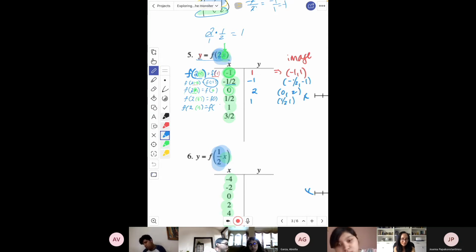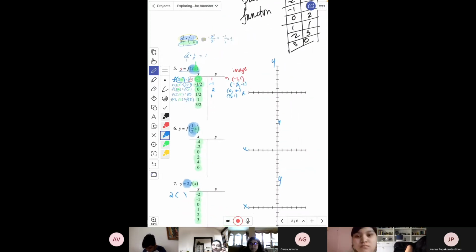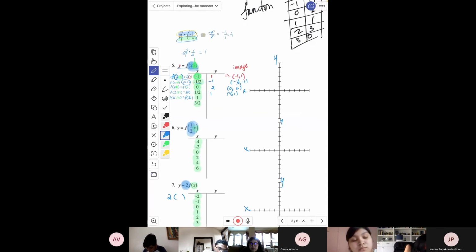What do you think? Two. Yes. Okay. So then I go back to my parent and I look at the output for when the input was 2. And what was the output? 3. Excellent. So there's my new point on the image function.